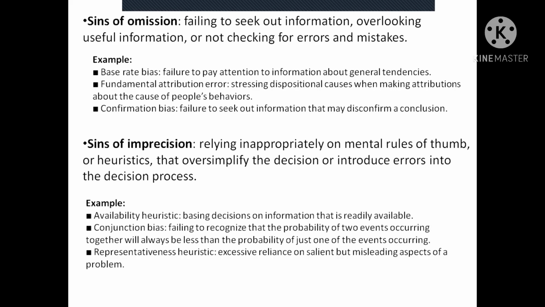Examples: the availability heuristic, basing decisions on information that is readily available; conjunction bias, failing to recognize that the probability of two events occurring together will always be less than the probability of just one of the events occurring; and last is the representativeness heuristic, excessive reliance on the salient but misleading aspect of a problem.